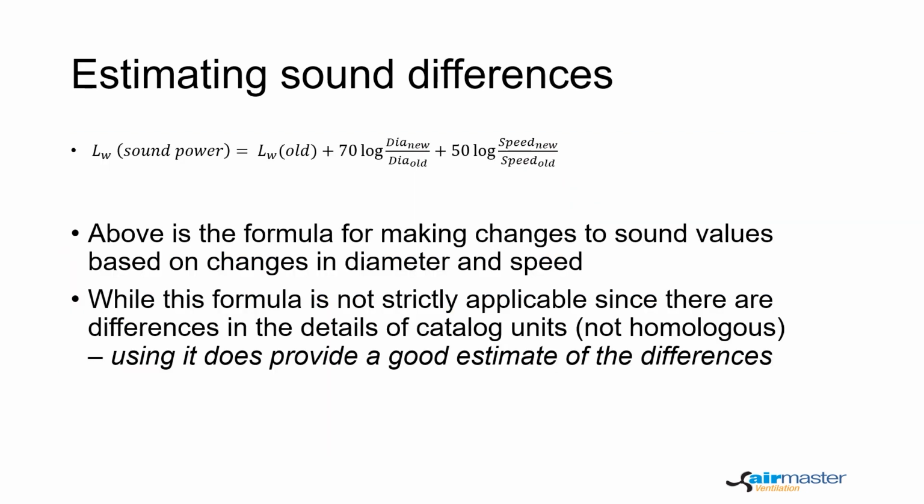A huge source of confusion is the difference between sound power and sound pressure. Unfortunately, they both use the same units, which are decibels. By the way, that is 1/10 of a bel, as in Alexander Graham.